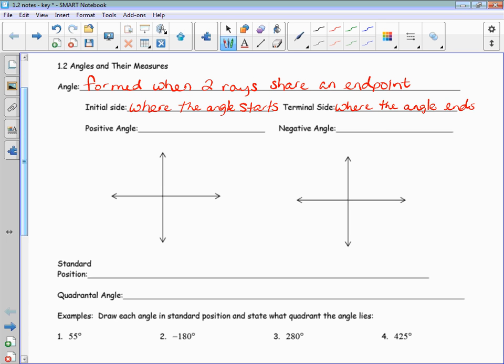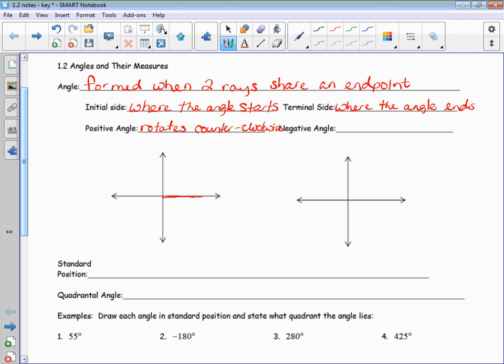So with our angles, we can have positive angles and we can have negative angles. It all just depends on the direction that your angle is rotating. So positive angle rotates counterclockwise. Let me draw one for you.